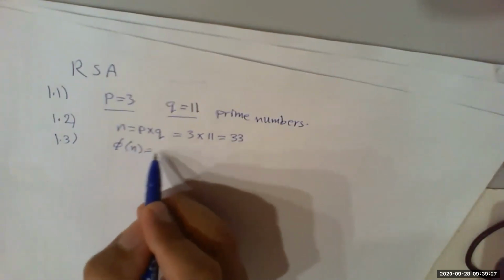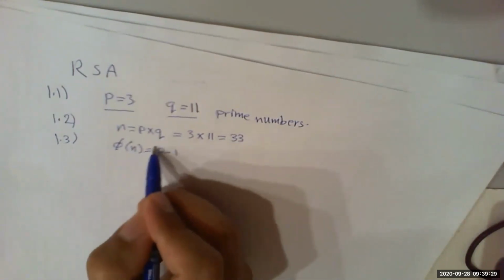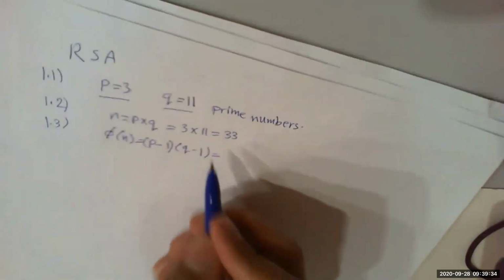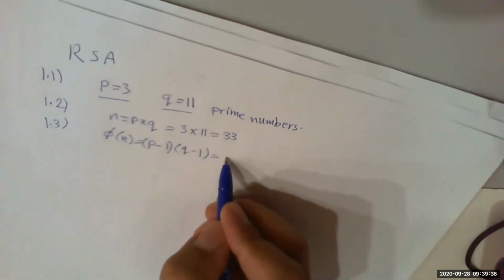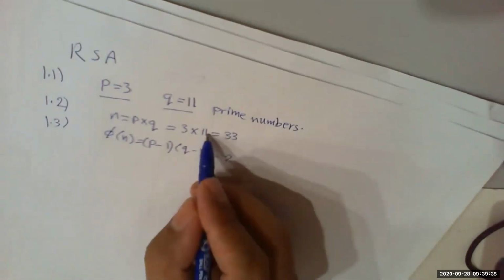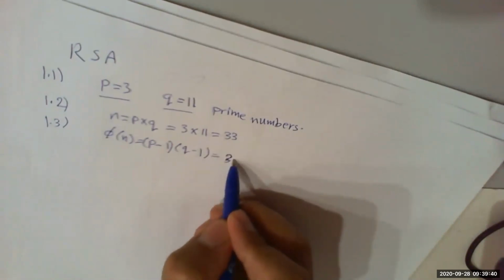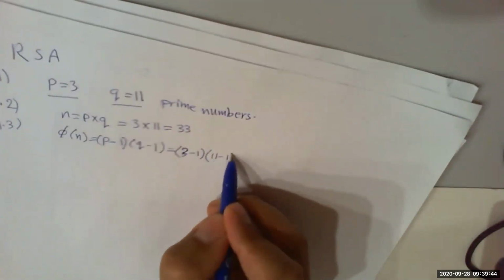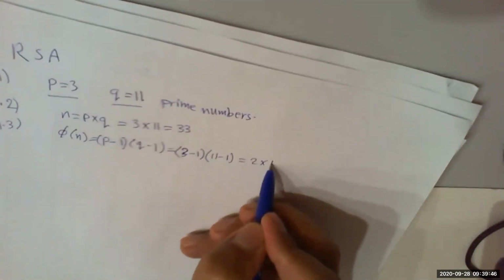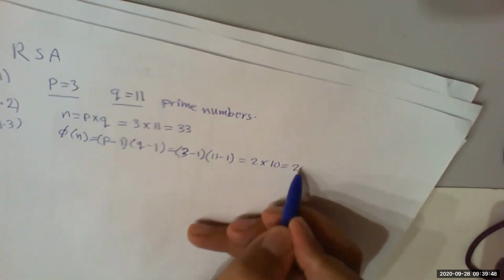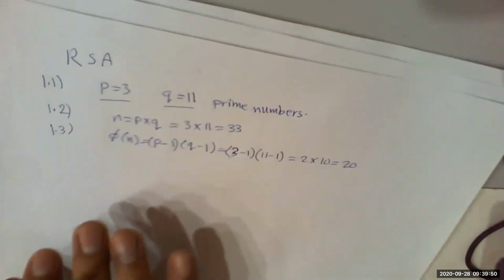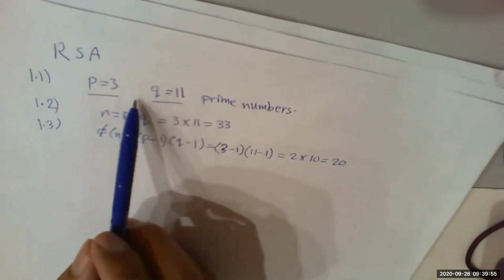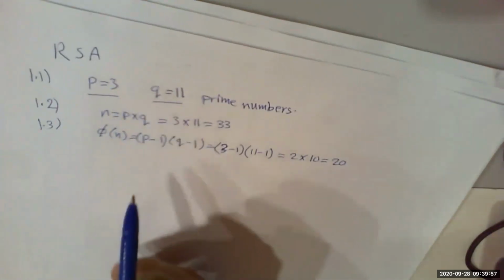Phi of n equals P minus 1 multiplied by Q minus 1. So it is 3 minus 1 multiplied by 11 minus 1. This means 2 multiplied by 10. This means 20. Okay. So the totient is 20. The calculations are simple, no problem.